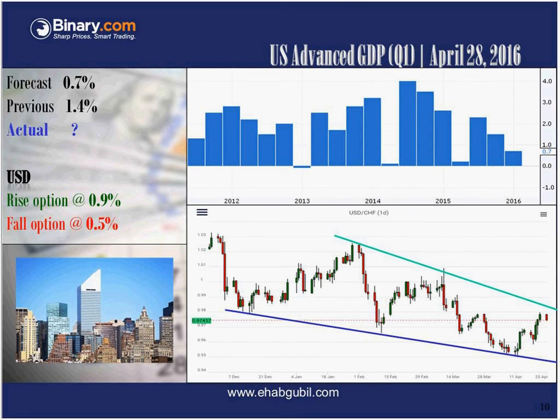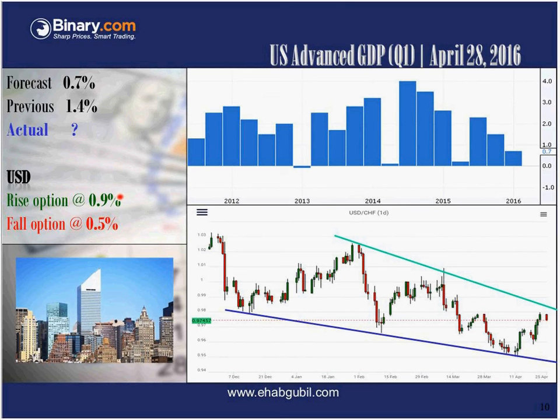How to trade this news? We are looking for a deviation between 0.2% to 0.3% from the forecasted number of 0.7%. Therefore, if we get 0.9% on the first quarter GDP, it would be US dollar positive.